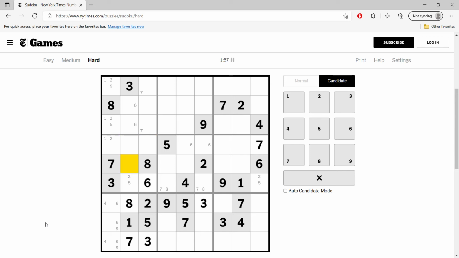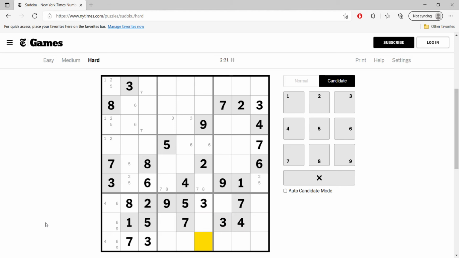5, of course, is just vertical here. Doesn't really give us anything. Anything else clever here? 3 in this column can only be here. So these are 3s like this. 1 doesn't really give us anything.